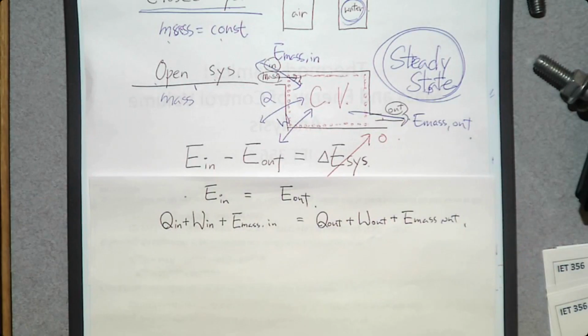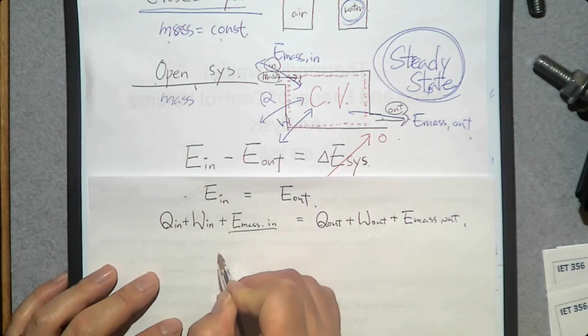But there's something we are not completely happy about, which is, I know what Q is, I know what W is, but what is E of mass? Have we studied E of mass? Yes. When? Chapter 2. What is the total energy per unit mass?